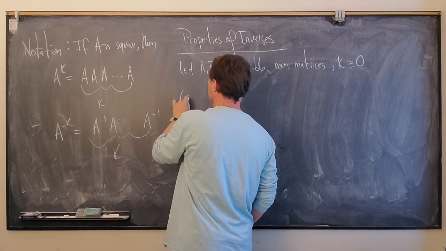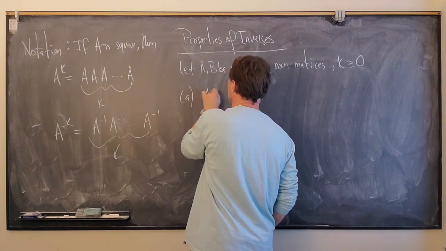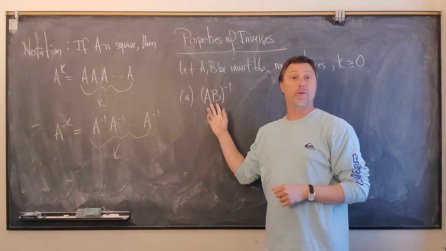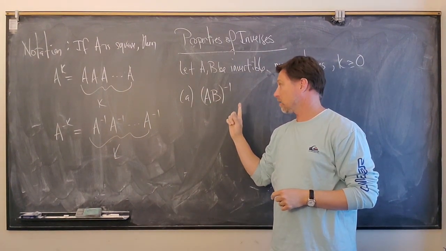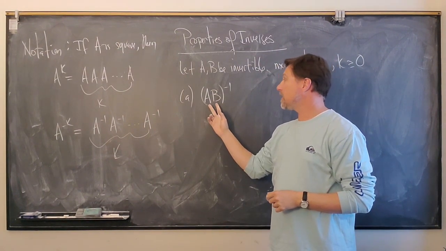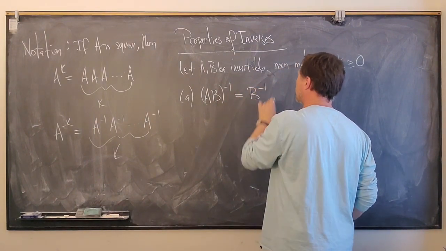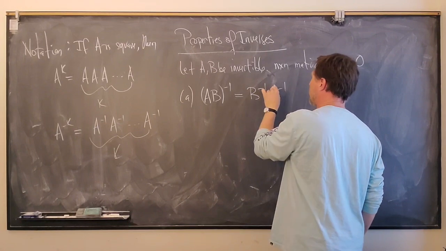The first fact: if you multiply two invertible matrices, you get an invertible matrix. And the formula is easy to see. The inverse of A times B is B inverse times A inverse.